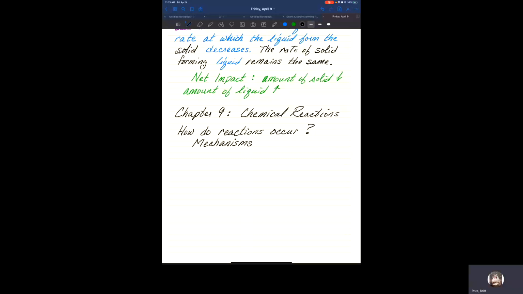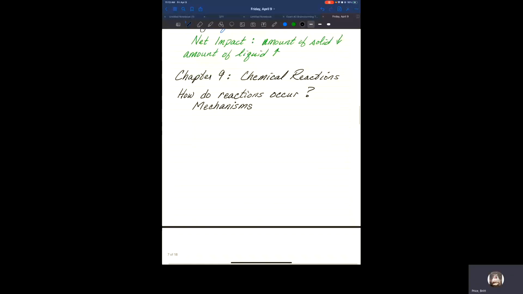Mechanisms are really just what is going on at a chemical level that leads to the formation of different substances.